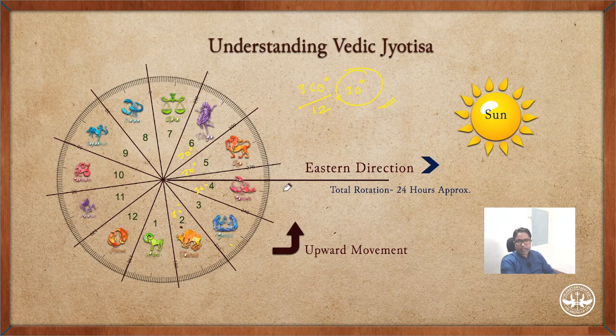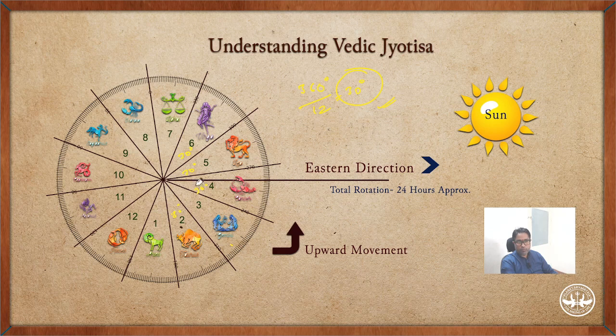So at the point of time when you are born, a particular rashi will be rising in the eastern direction, because this chakra is moving. At the time of sunrise, when the sun is there, there will be a rashi. When the sun goes up also, there will be a rashi.